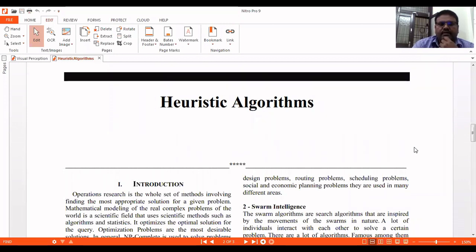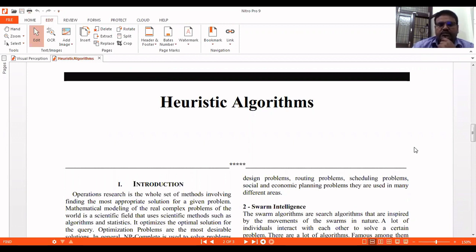Mathematical modeling of a real, complex problem of the world is a scientific field that uses scientific methods such as algorithms and statistics. It finds the optimal solution for a query optimization problem.